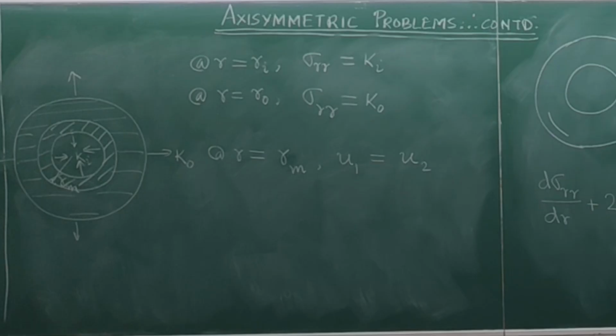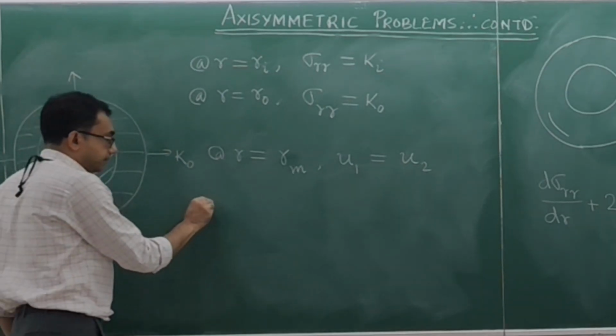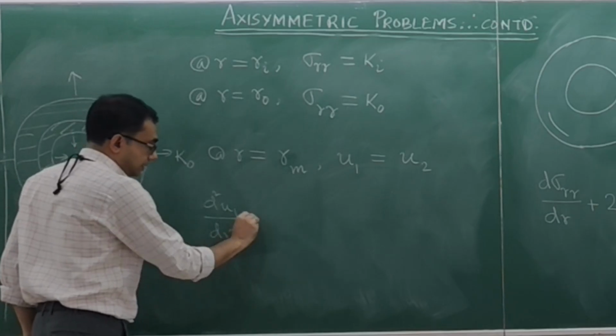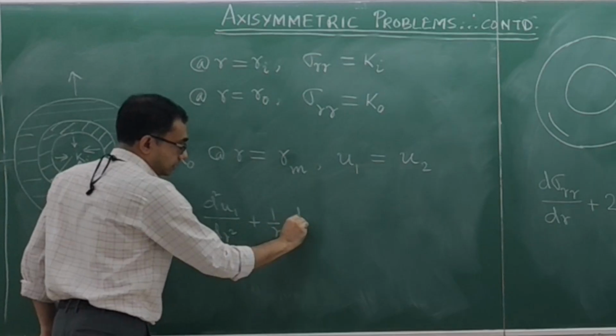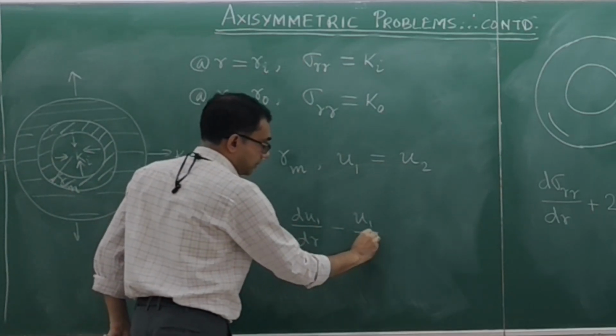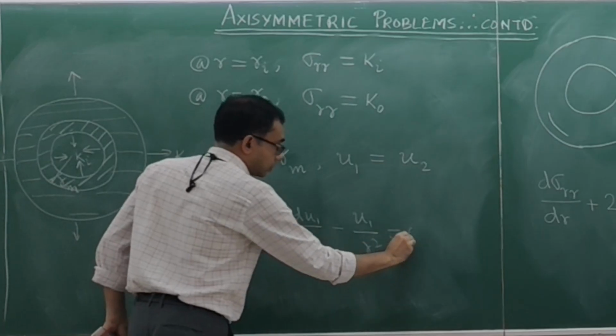Then how many total conditions do we have? 3 conditions. But we have 2 second order governing equations. From the inside, you are going to get d square u1 dr square plus 1 by r du1 dr minus u1 by r square equal to 0.